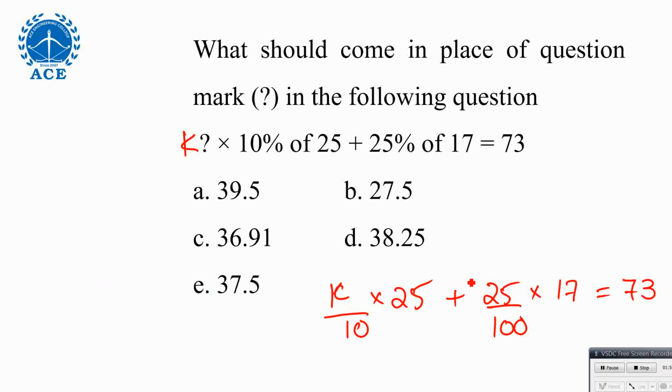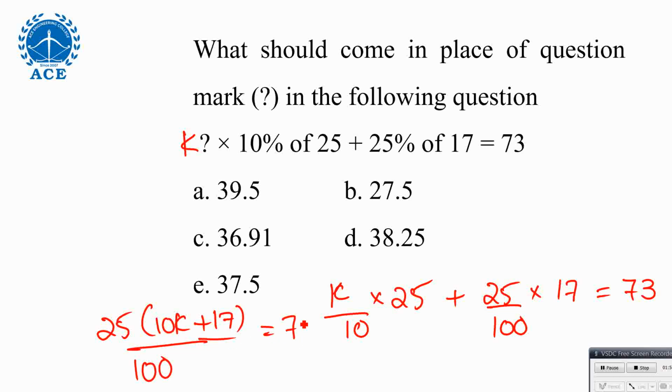You can observe 25 is common in numerator, denominator 10 is common, right? So you can use those. Take LCM 100 as denominator. You can pick 25 out, then this is 10K plus 70 equal to 73.